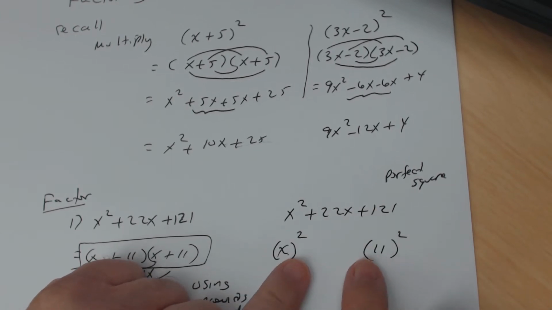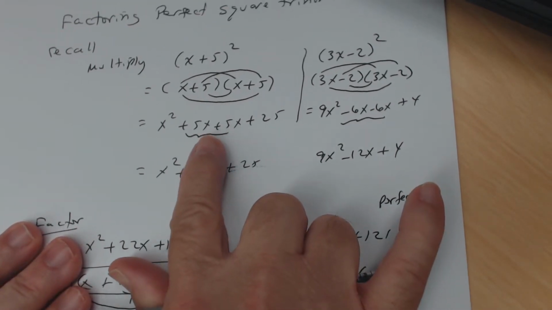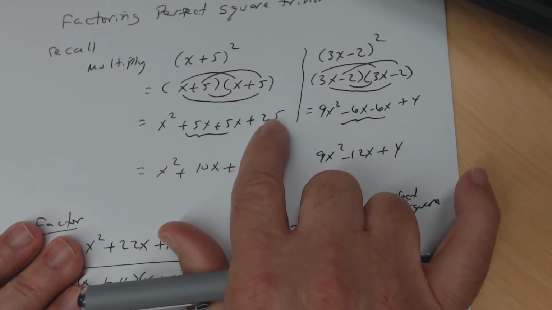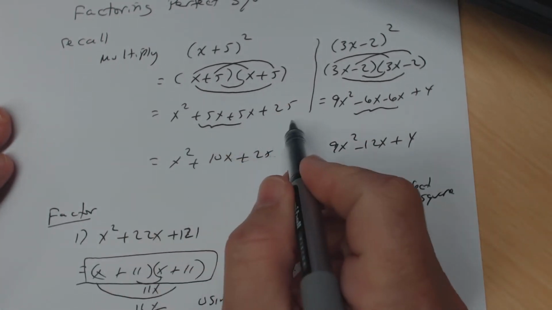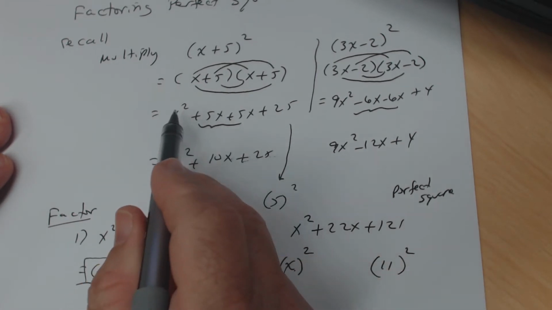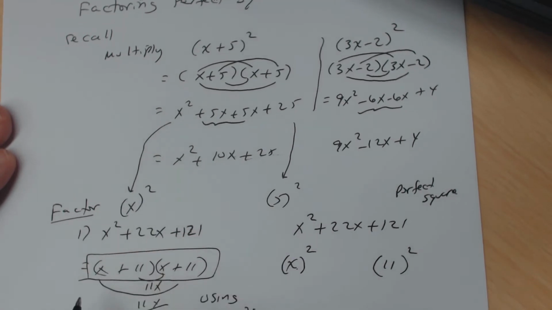Now you may say, well, why did you say multiply by 2? Because remember, over here, the outer and the inner were the same. So you see this 25 right here? Remember, that is 5 squared. And you see this x right here? That is x squared.